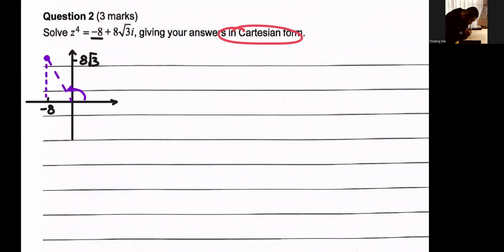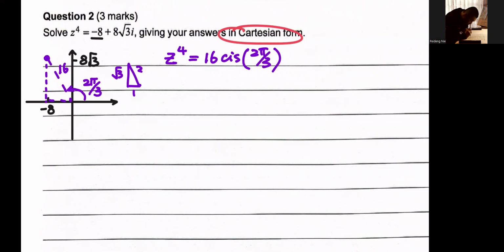If you use a special triangle, the modulus will be 16: 1, 2, root 3, multiplied by 8. So the angle should be 2 pi over 3 in the second quadrant. Therefore, z to the power 4 equals 16 cis 2 pi over 3.